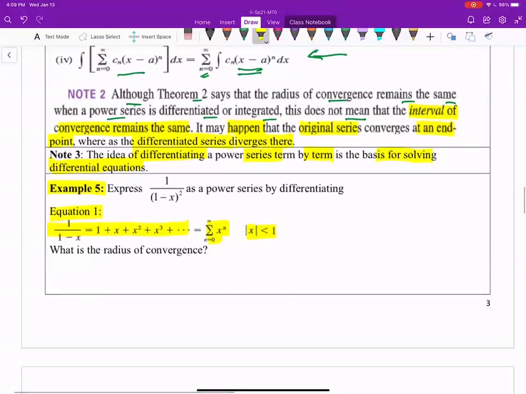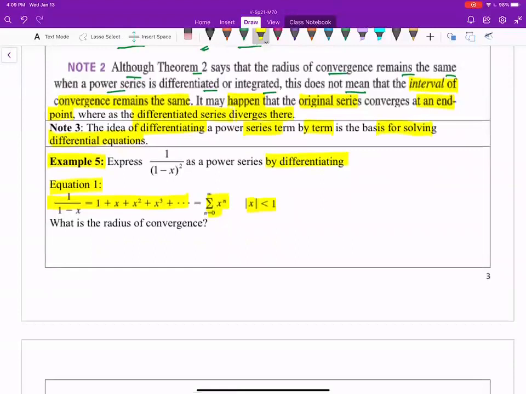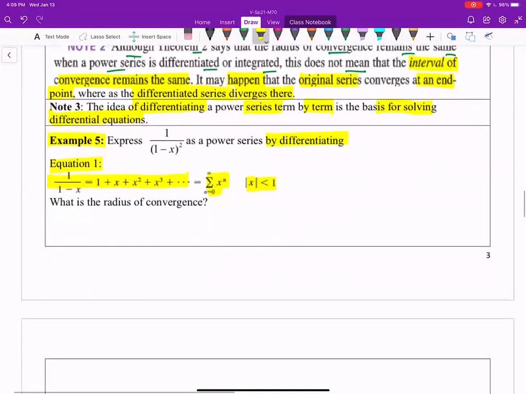But the hint given in the problem is differentiating, right? We are going to differentiate this equation for 1 over 1 minus x. The second part of the question is to find the radius of convergence.